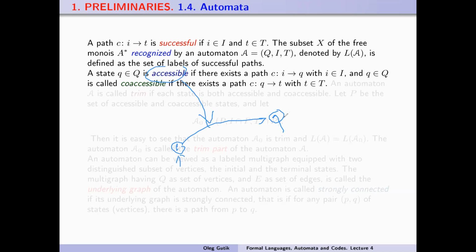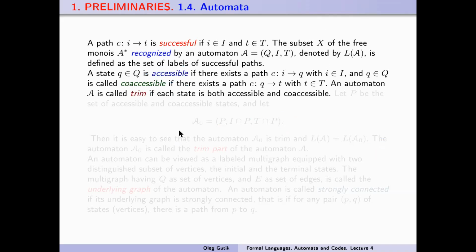A state is co-accessible if there exists a path from Q to T, where T is a terminal state. An automaton is called trim if each state is both accessible and co-accessible.